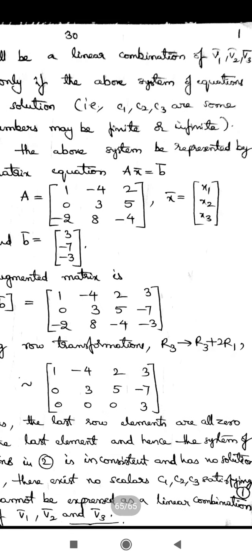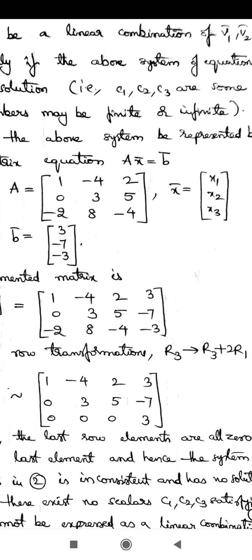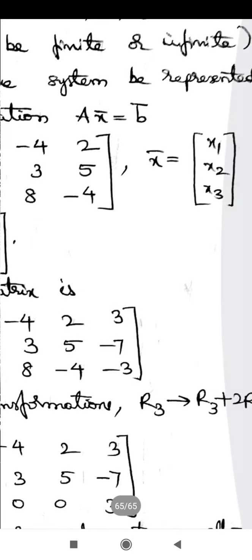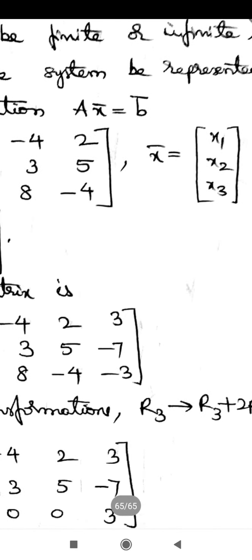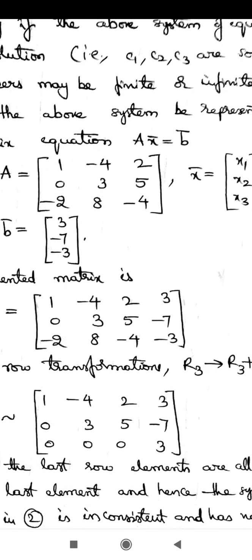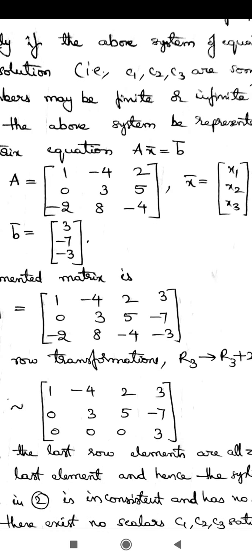And here, capital A is called the coefficient matrix, which consists of all the coefficients in the 3 equations of equation 2, and X bar is the matrix, or we should call it a column vector, consisting of the 3 variables x1, x2 and x3. In B bar we have taken the values on the right hand sides of the 3 equations in 2.